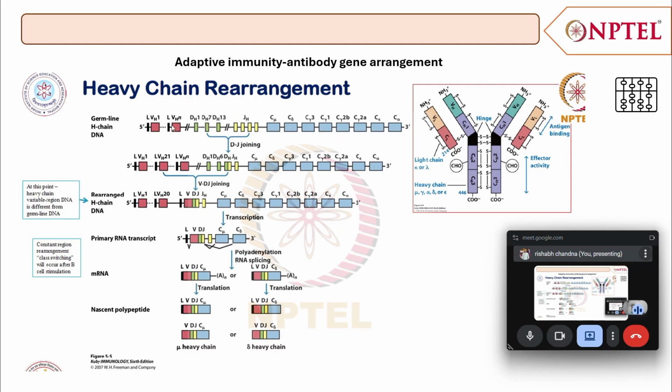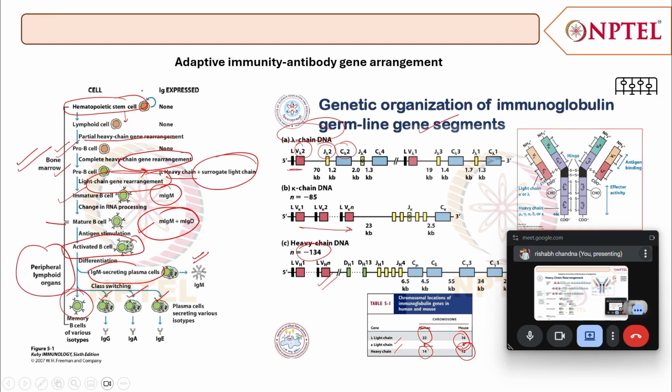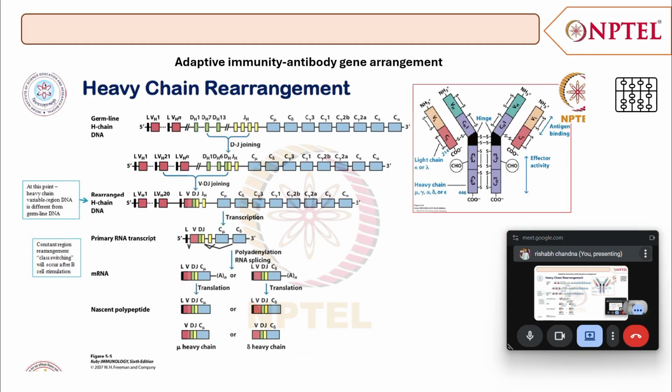Okay, so we have around 134 variable regions here. Then we have the D region as 13, then we have the J joining region, and then the constant chains. So these constant chains make the different types of isotypes of the particular antibodies.